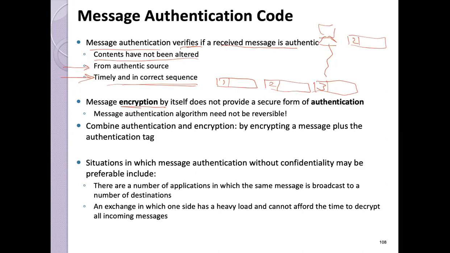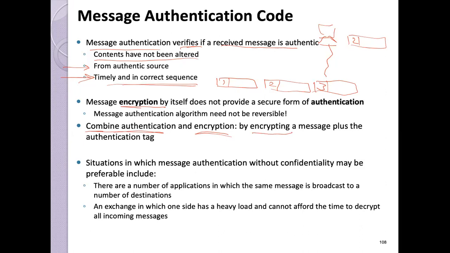That's why we see the combination of authentication and encryption most of the time: we append something to the original message, and then we encrypt it using some key in order to attain both confidentiality and authenticity.